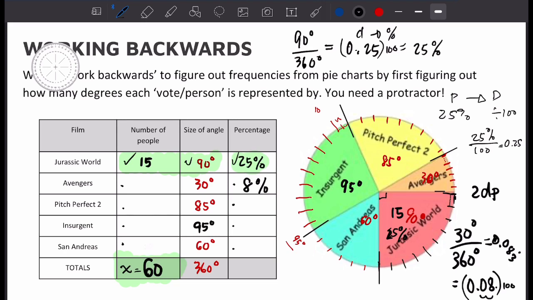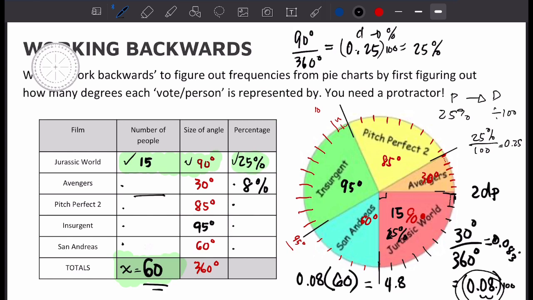Now, how do we know how many people 8% is? So make 8% into a decimal again, which is 0.08. So 0.08 times the total number of people, 60. So this is a fraction, a decimal, or percentage of a quantity. 0.08 times 60 is 4.8. But you can't have 4.8 people. What?